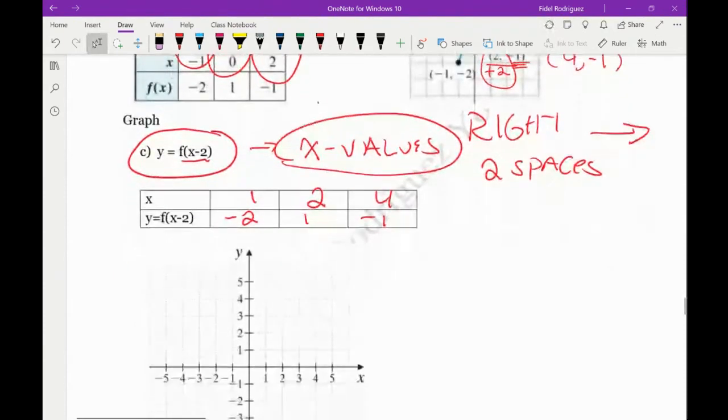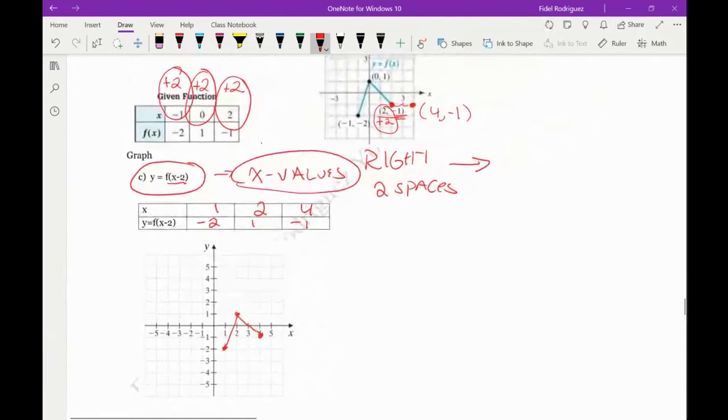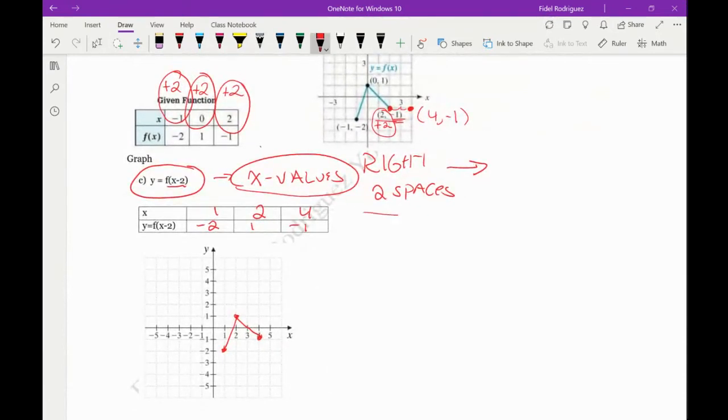And now what I'm going to do here, y'all, I'm going to go ahead and plot these. So look, the point is 1 and -2 right there. 2 and +1 right up here. 4 and -1 right up here. There's my graph again. And again, if you notice from the original graph, all we did is we just went to the right 2 spaces.